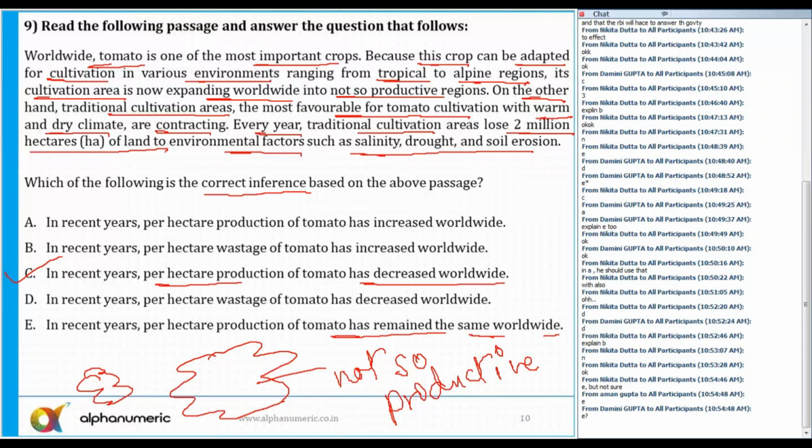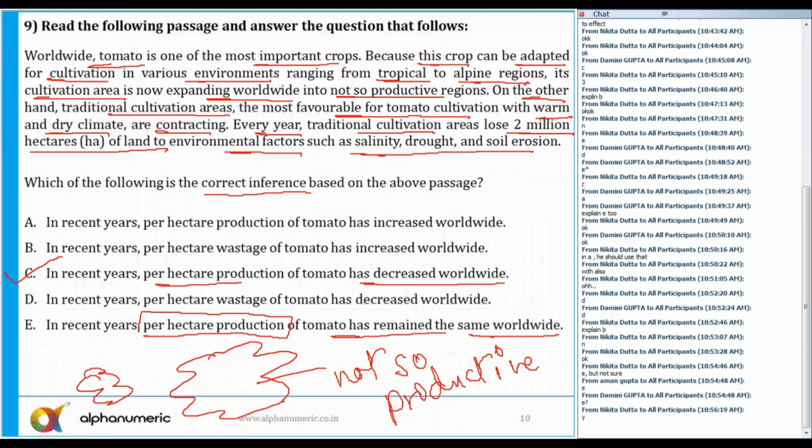It is not total production, it is per hectare production. Remember, total production may have increased, but per unit, if you look, it has decreased. So the answer is C for question number 9. I think this one was easy. Is this clear? Should I move to the next question?